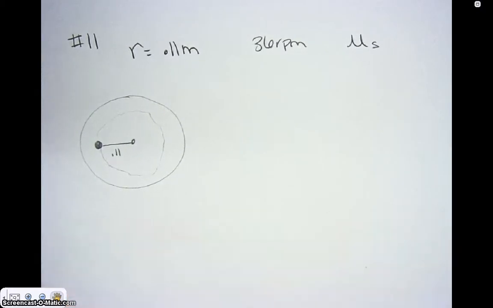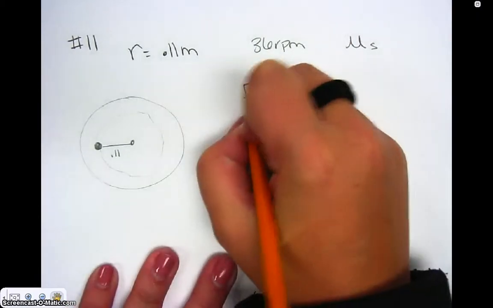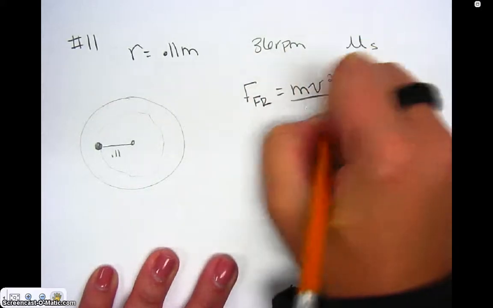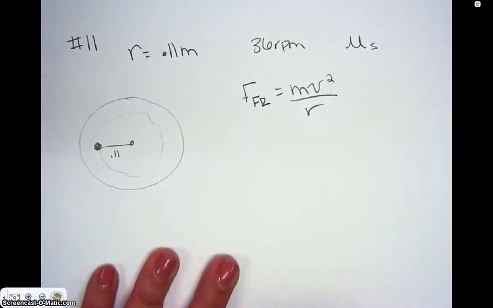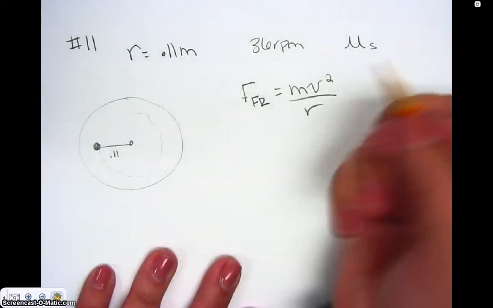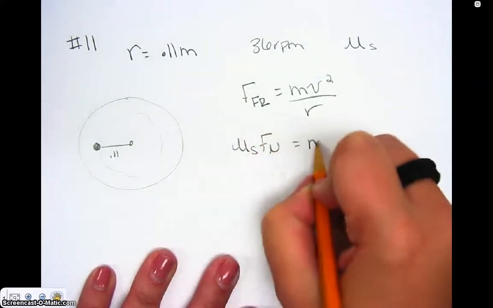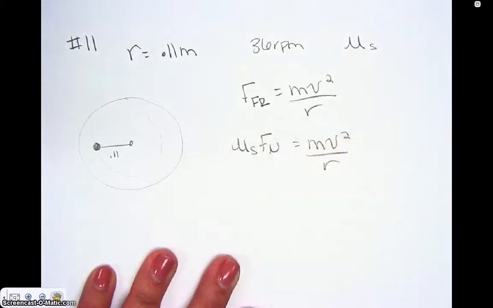If you're just sitting on a surface, it's the friction that is preventing it from sliding. So it's actually friction that is causing the mv squared over r, and in this case, it's static friction. So static friction, mu s times Fn, is causing the mv squared over r.